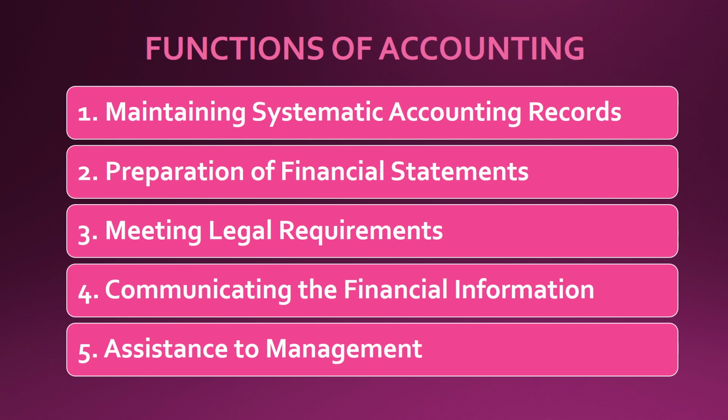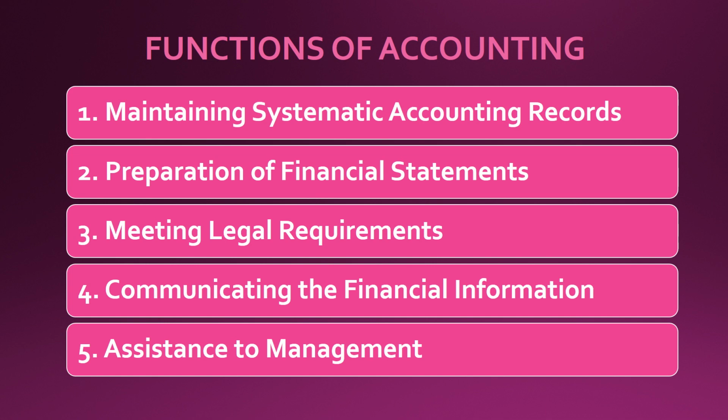And there are two types of financial statements. One is income statement and another is position statement. The synonym name for the income statement is trading account and profit and loss account, and the synonym term for the position statement is balance sheet.